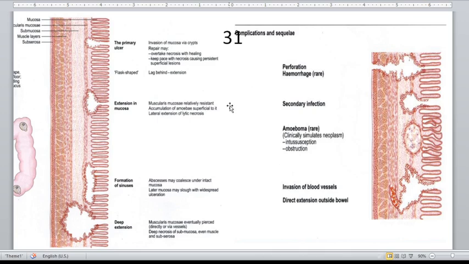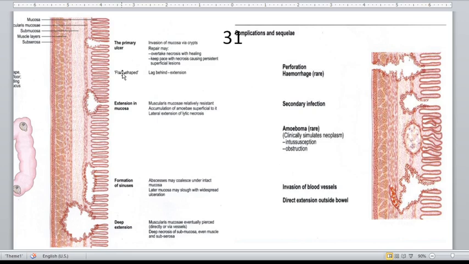So we have here the primary ulcer, in the early stages of the infection. And take note, guys, flask-shaped ulcers are actually caused by Entamoeba histolytica.